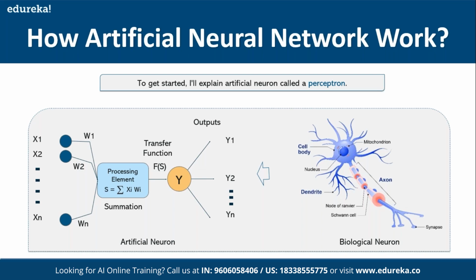So that is where you have f(s), the transfer function, which results in your output, which becomes the input for your next neuron. So you build multiple artificial neurons and make a network, which eventually gets called a neural network. Every artificial neuron has an input and an output.